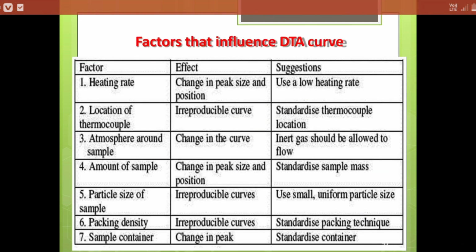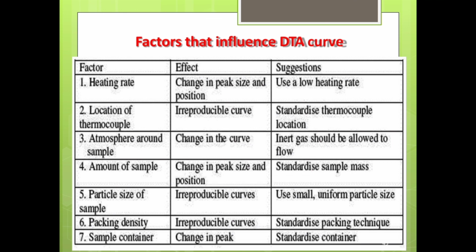Factors that influence the DTA curve. Heating rate: change in the peak size and position; use a low heating rate. Location of thermocouple: irreproducible curve; standardize thermocouple location. Atmosphere around the sample changes the curve, with change in the peak size and the position.